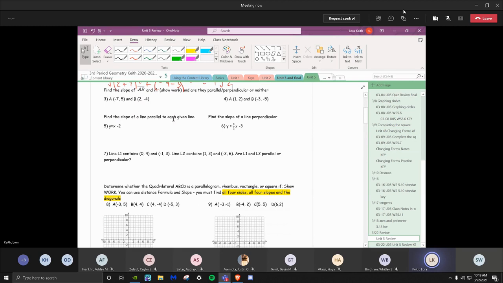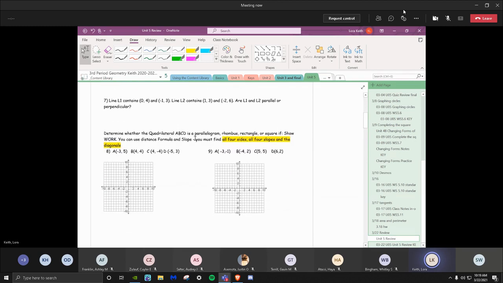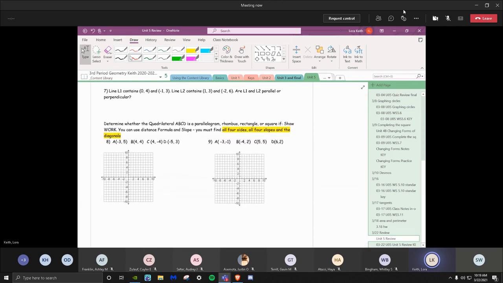Okay, so we're going to skip these. We're just going to do number 7. Okay, so we're trying to find the slopes between L1, L2, and then we're going to see if they're parallel or perpendicular, or neither. So I'm going to call this one x1, y1. I'm going to call this one x2, y2. And then I'm going to do this one x1, y1, and call this one x2, y2.